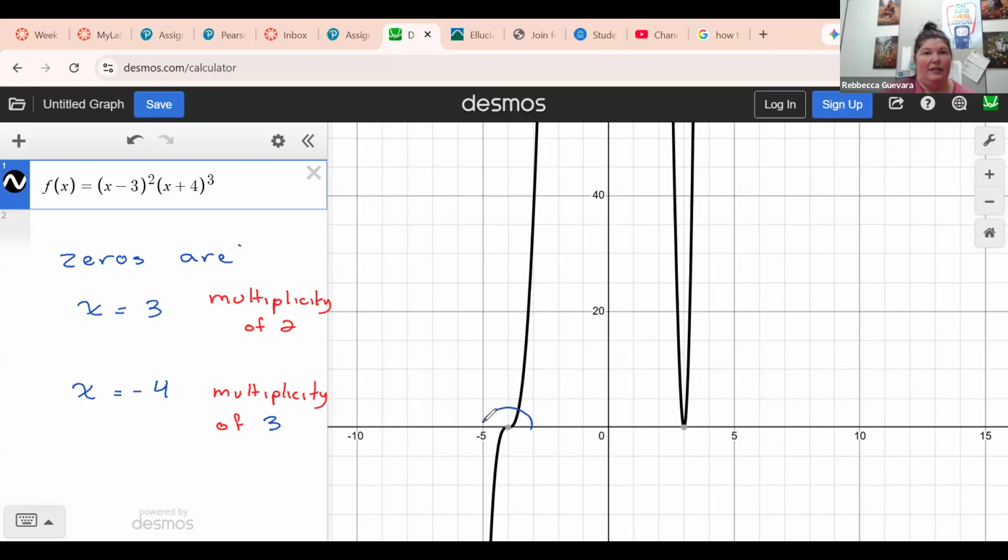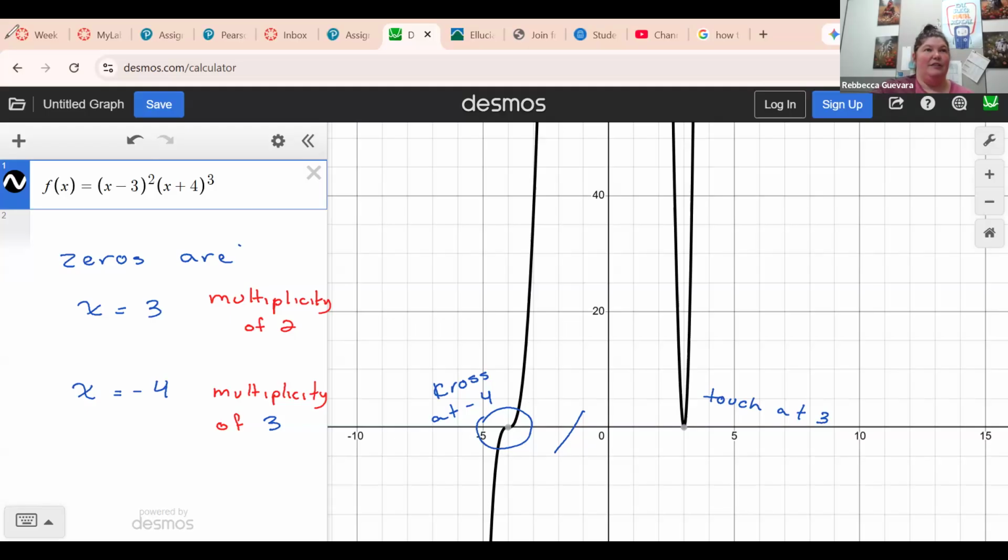Now we see that same one, we still come down and just touch at 3 because we had an even multiplicity, and we still cross here because we have an odd multiplicity. The difference is how we cross. Instead of being like a straight line going through, we came up, flattened, and turned.